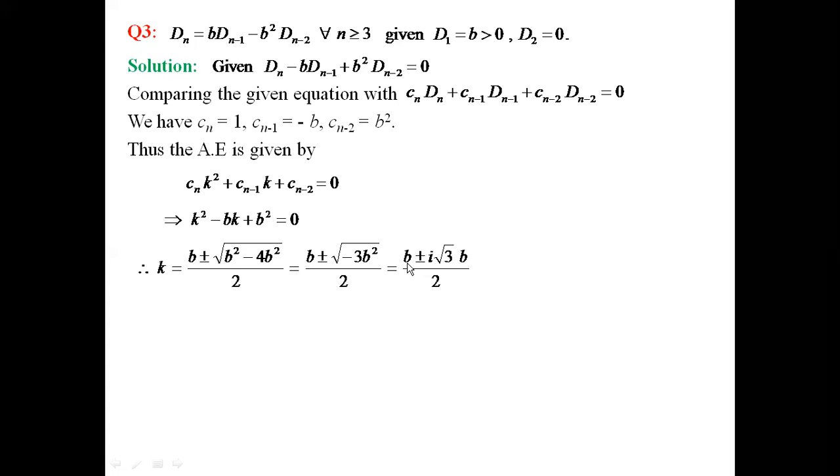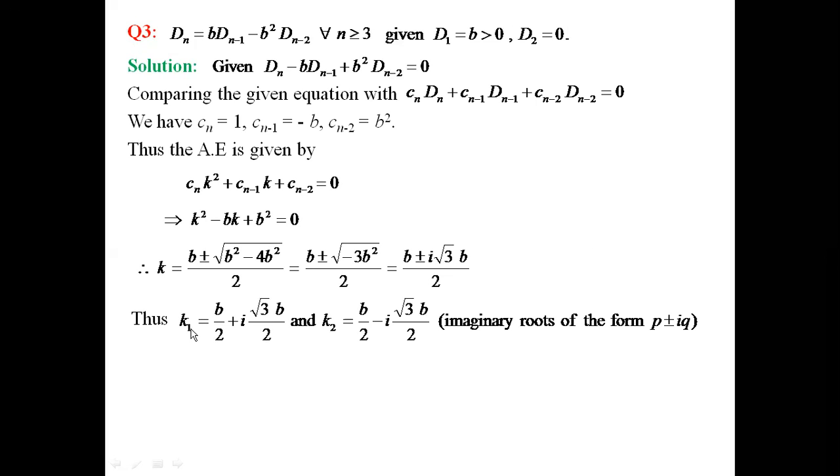Simplifying this, we obtain the roots as b plus or minus i into root 3b divided by 2. We observe we have obtained imaginary roots. Thus, k1 equal to b divided by 2 plus i into root 3 into b divided by 2, and k2 value is b by 2 minus i into root 3b divided by 2.